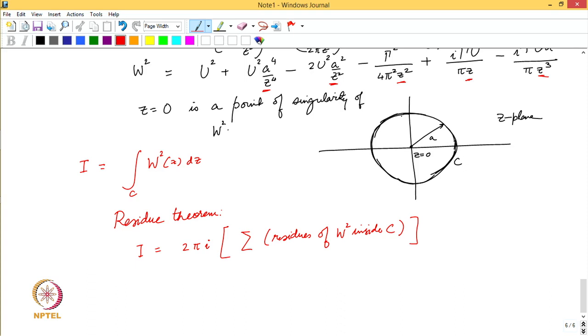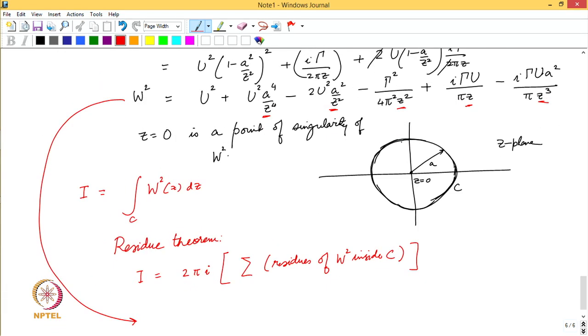Now, if we look at this function w square, it has different powers of z. It has negative powers of z. It also has a power of z to the power 0, for instance.